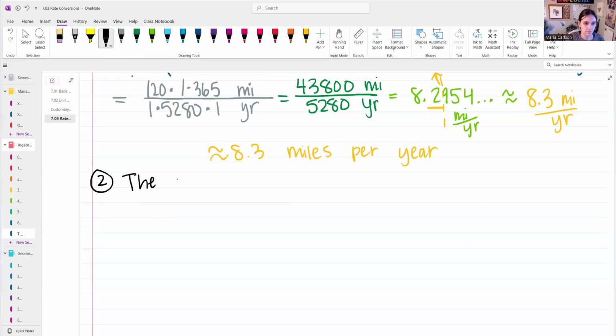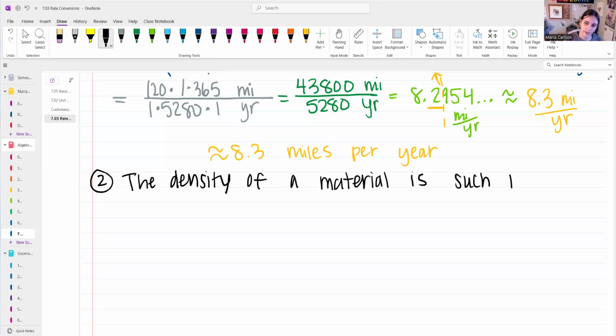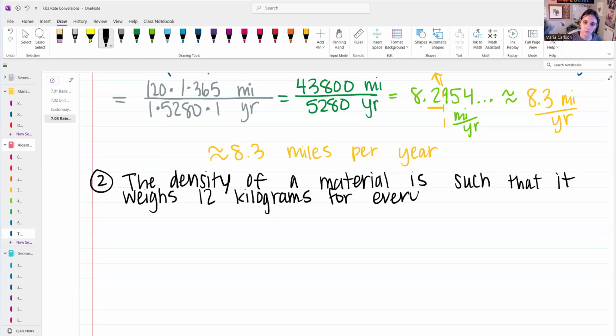Number 2. The density of a material is such that it weighs 12 kilograms for every 7 pints of volume.